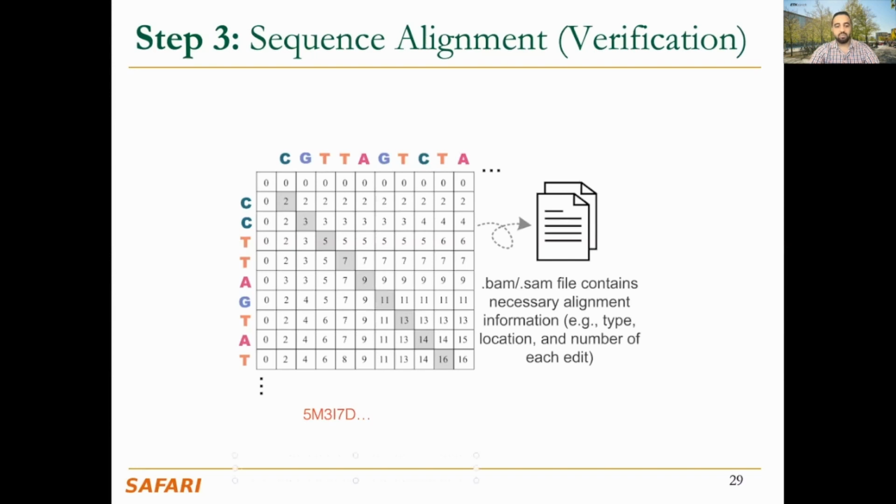Let me type it as well. CIGAR string. So that CIGAR string is what you can see here: 5M, 3I, 7D. What does it mean? It means 7 deletions, 3 insertions, and so on. That is the series of operations you need to perform so that you make the sequence very similar to the other. Let me delete the annotation.